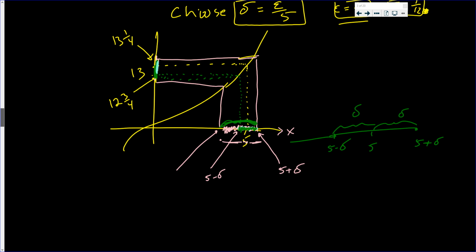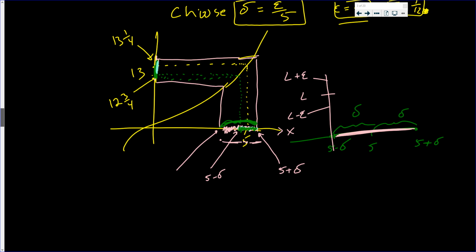I'll be 5 minus delta. I guarantee you that f for stuff in here will land between L plus epsilon and L minus epsilon.